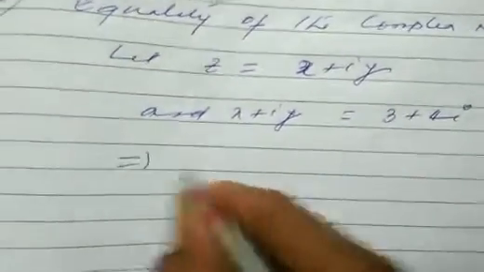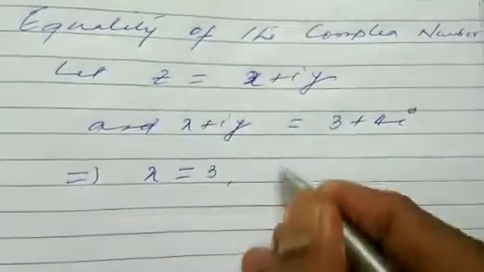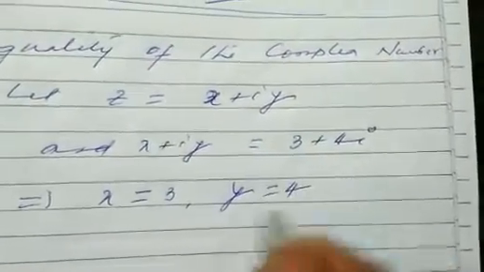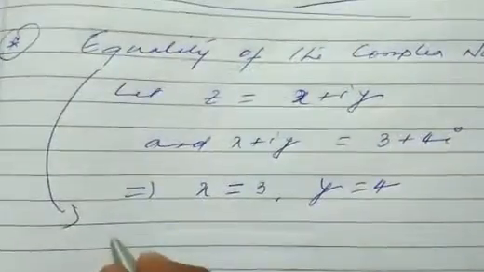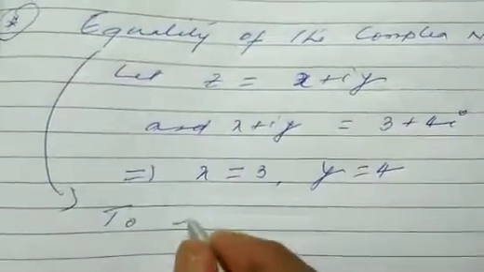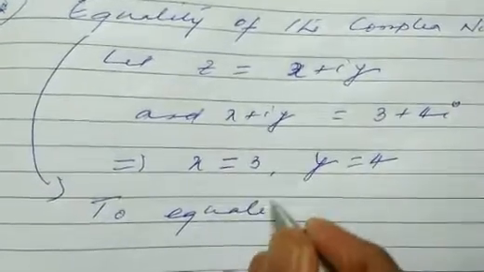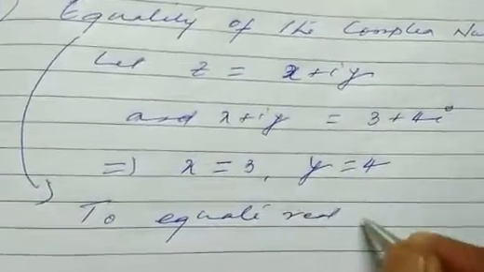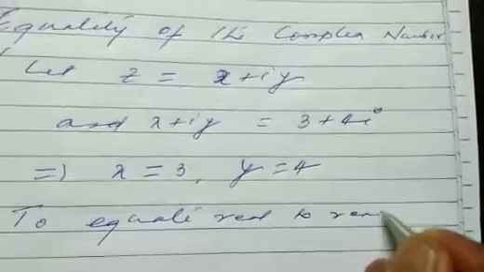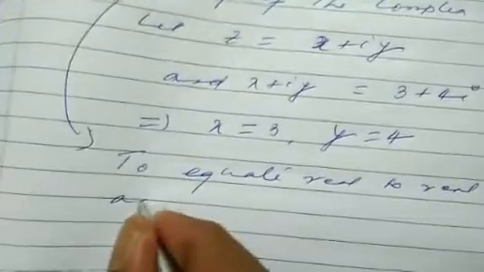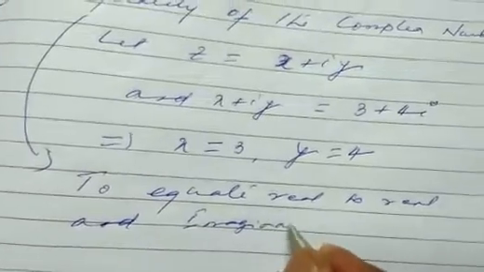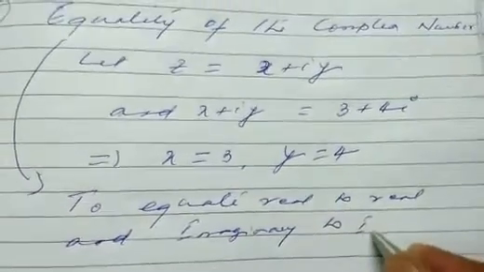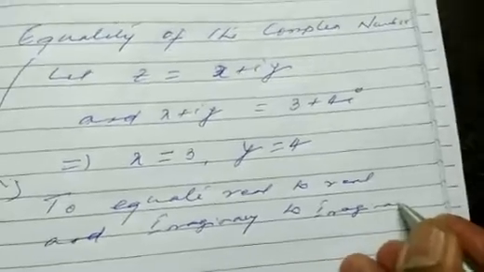That means x is equal to 3 and y is equal to 4. Why are we writing that? The meaning of equality is to equate real to real and imaginary to imaginary. It's a very simple concept, but it has a story.